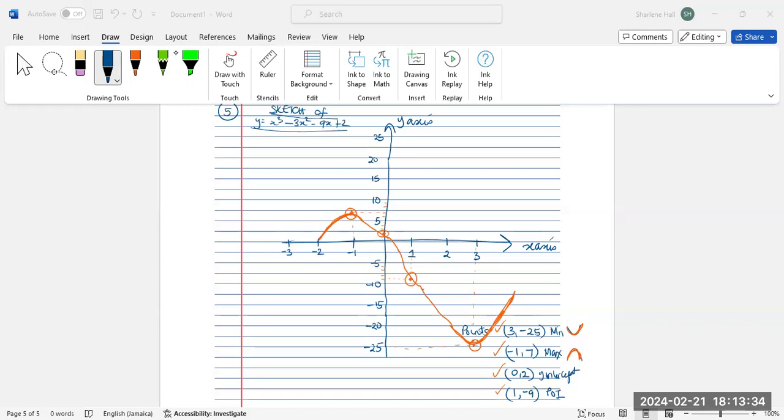Within the 2 questions out of the 4 you're supposed to answer, say a question on stationary points comes for 20 marks. There's going to be a 10 marker for the rest of the question.